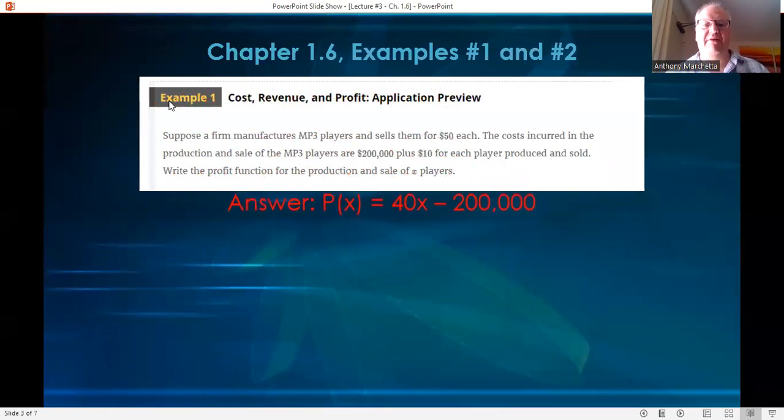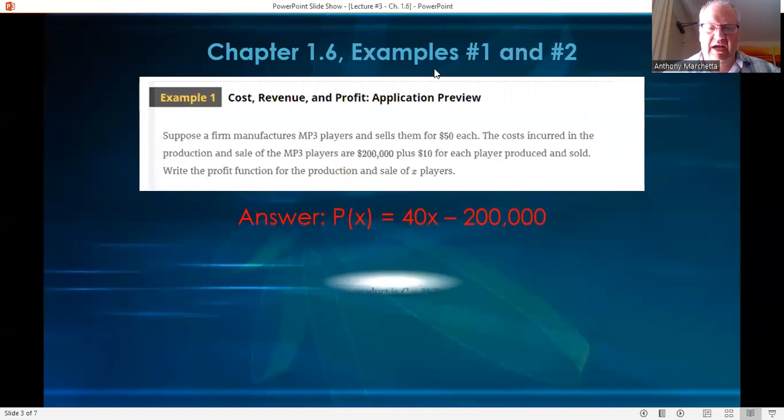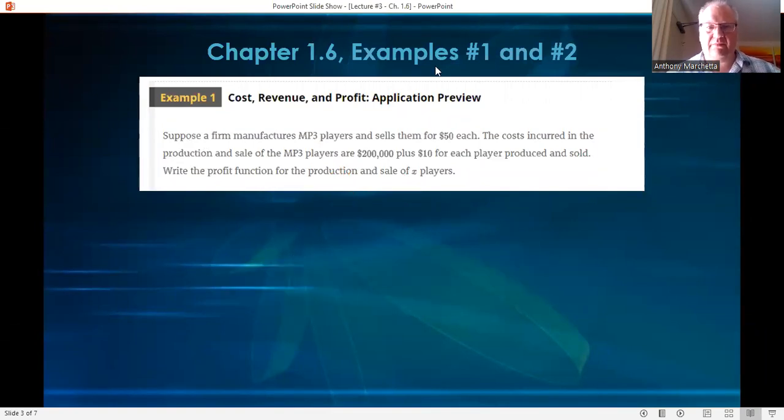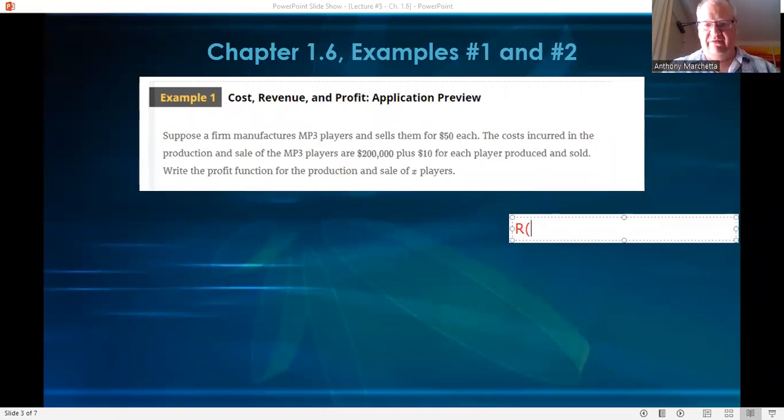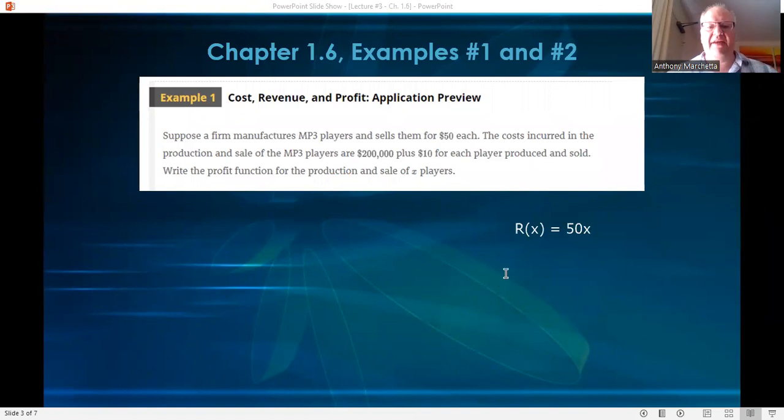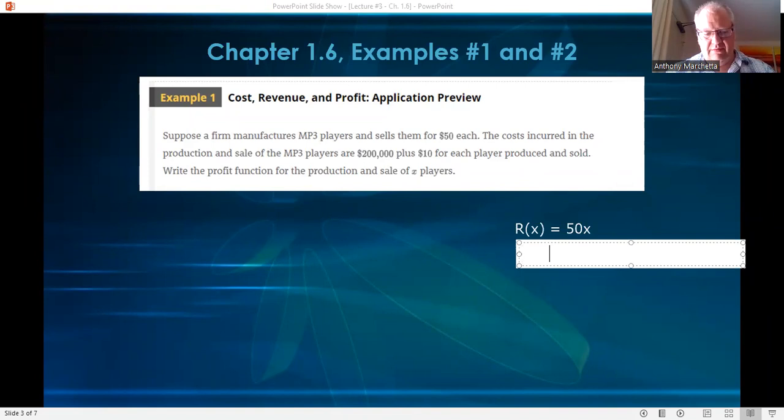This is the answer. I'm going to write a little bit here so that we could see the concept. I would start by talking about how the revenue function is going to be 50x. And I think I'll make that white. There, we can see that clearly, right? And then I'm also going to talk about how the fixed costs are going to equal 200,000.